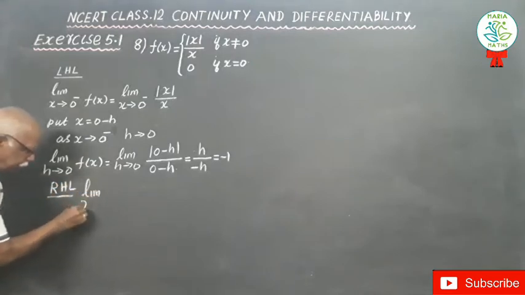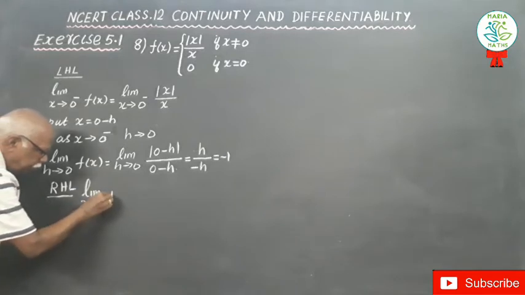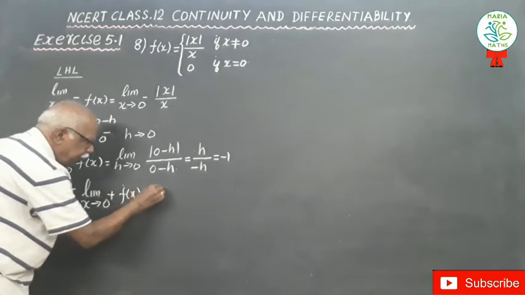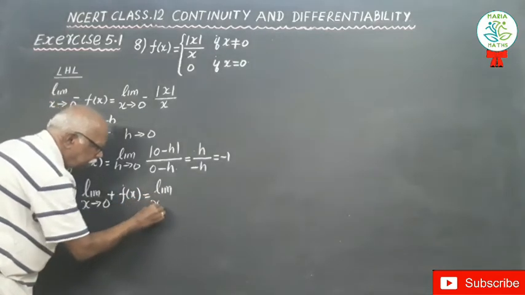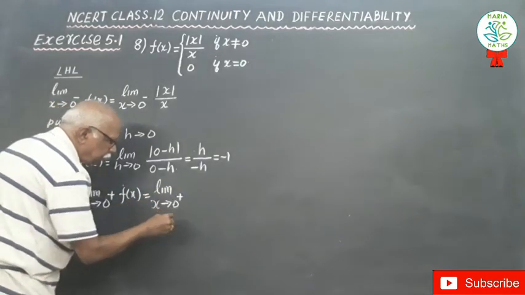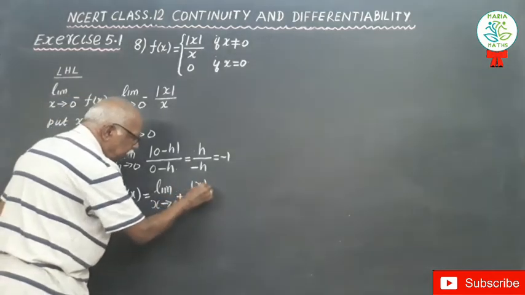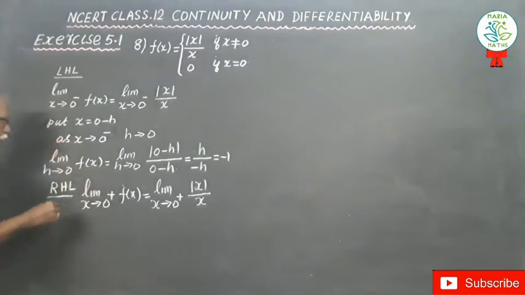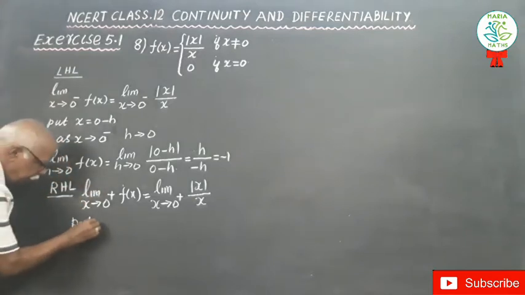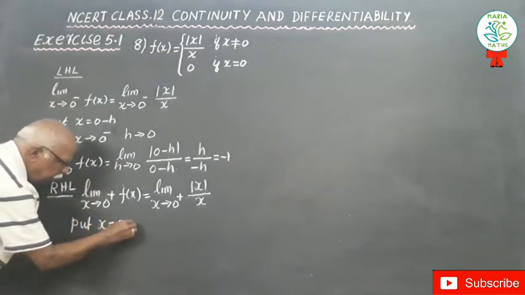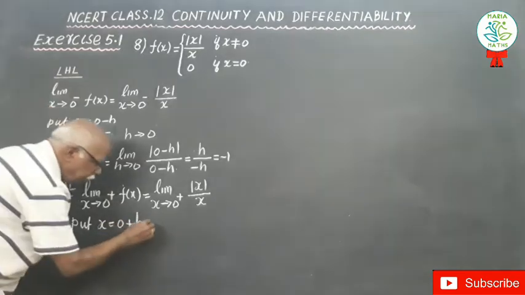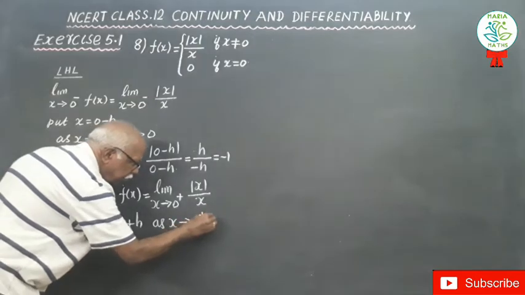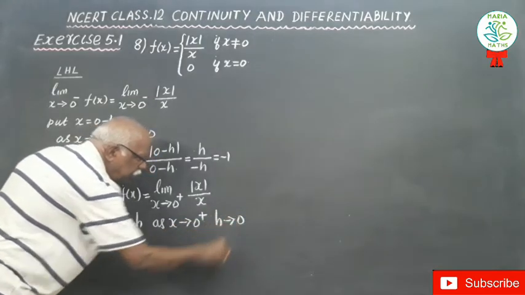Limit x tends to 0 plus f of x is equal to limit x tends to 0 plus same modulus x by x. இப்போ நம்ம put x is equal to 0 plus h. As x tends to 0 plus, h tends to 0.